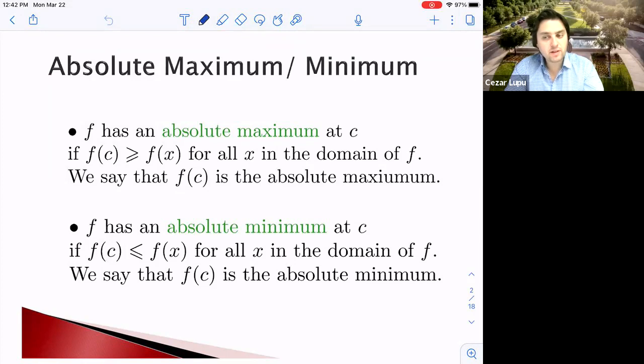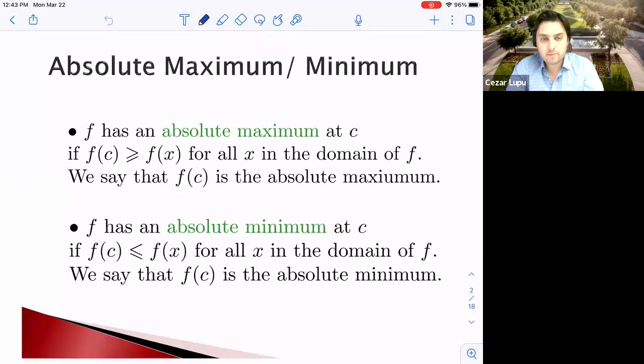Functions in general have some minimum or maximum, but that minimum or maximum can be absolute, and we will see what this means, but it can also be relative, and we'll also see what that means. First let's start with the absolute maximum or minimum.